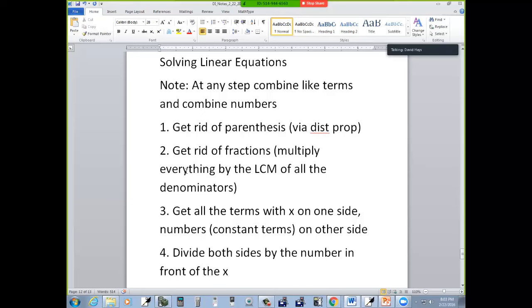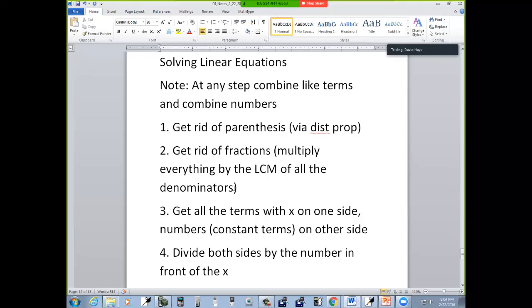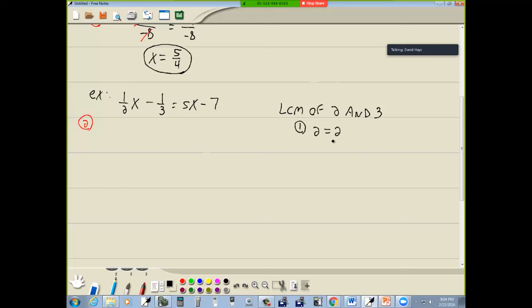Step 2, get rid of fractions. Multiply everything by the LCM of all the denominators. Well, this one's a pretty straightforward one. LCM of 2 and 3. Remember, to find the LCM, we would first write the prime factorization of each number. Well, these are both prime.